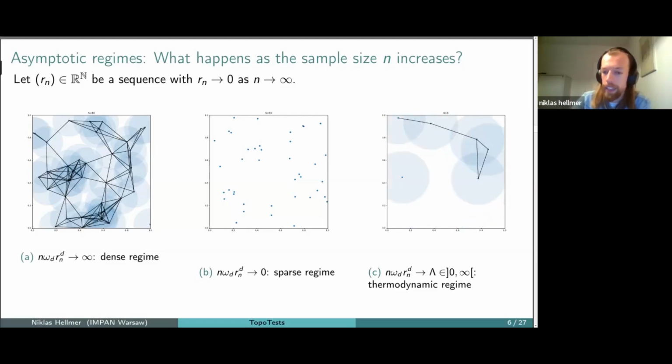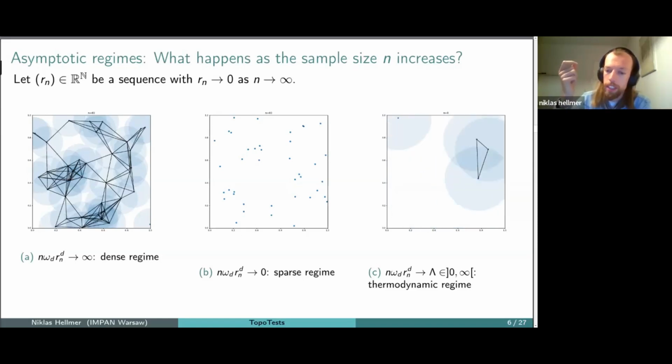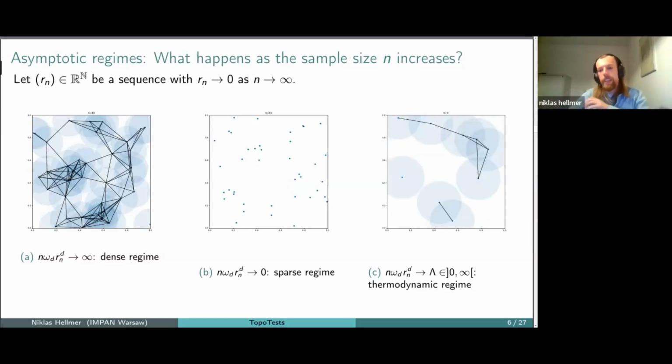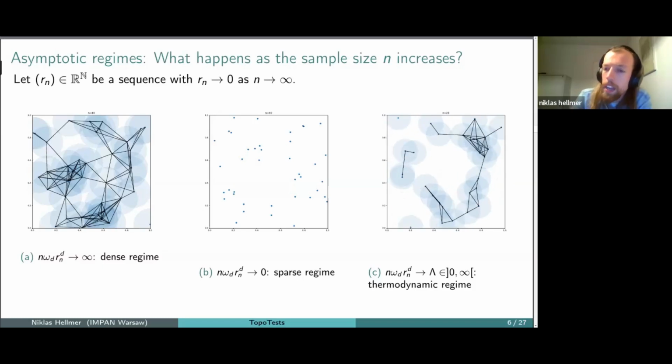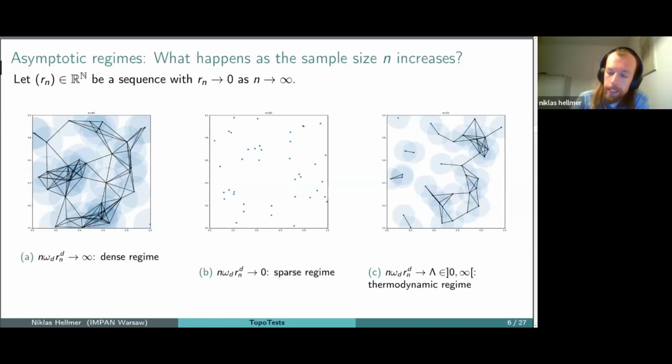So we have n, which is the number of points. Omega d is the volume of a unit ball, and r to the d, well, r_n is the sequence of radii. So omega d times r to the d is the volume of a ball of radius r, and we have n of those, okay? And you should think of this as a kind of normalization, right?